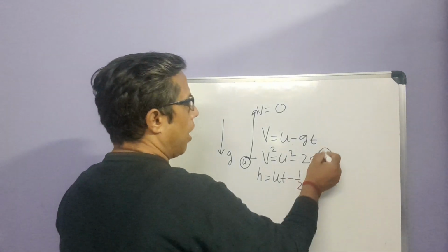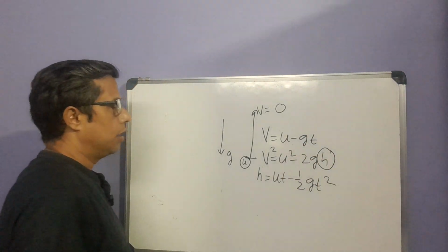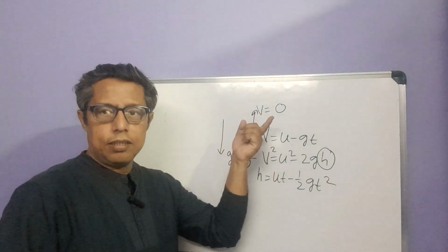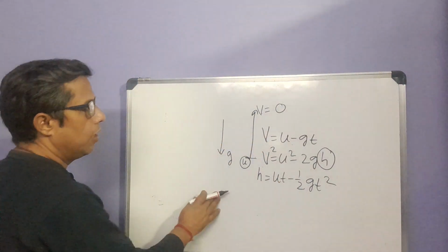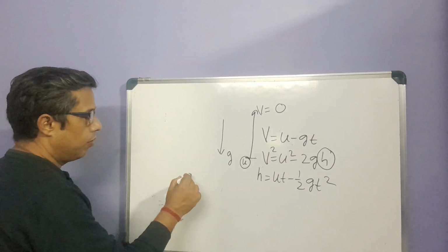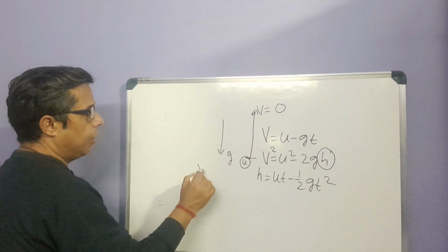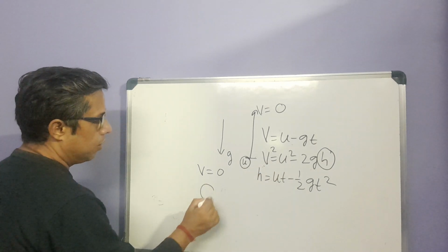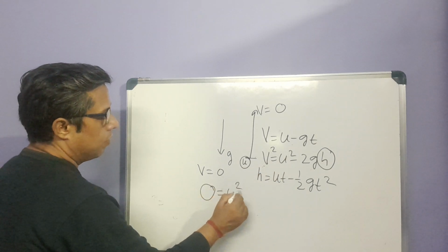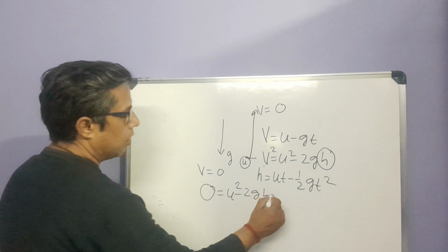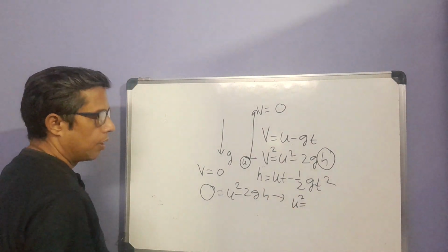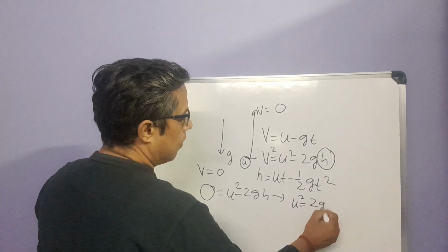Now H is for height. You can get a question like: u is given, find the maximum height it will go. How will we get it using this equation? The final velocity v is equal to 0. Then 0 is equal to u square minus 2gH, meaning u square is equal to 2gH.